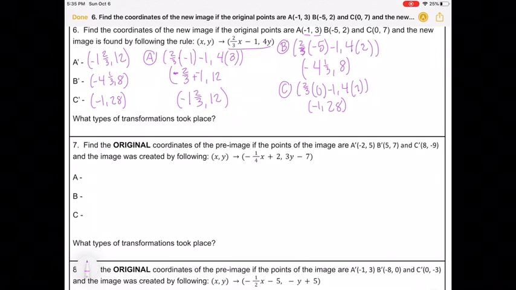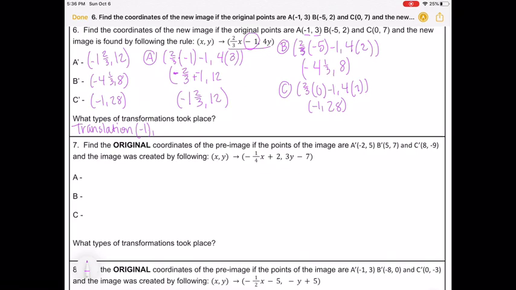All right, again, looking at the types of transformations that we have. So I always just go down the line and think, all right, is there a translation? So what on here tells me translation? Well, negative 1 does. Minus 1 moved it down 1. So translation, minus 1 told me that.